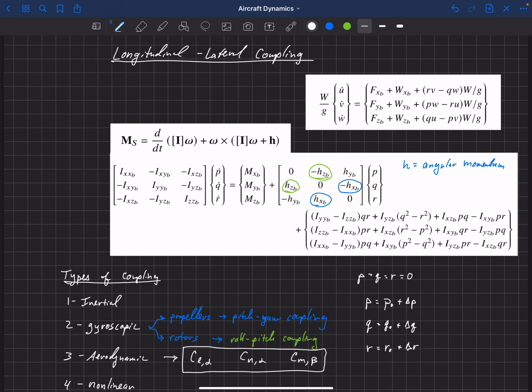Now, because P naught, Q naught, and R naught, our equilibrium state, we assumed were zero, that knocked out all of these three terms. And so when we plugged these into these equations here, you can see terms like Q times R that showed up.